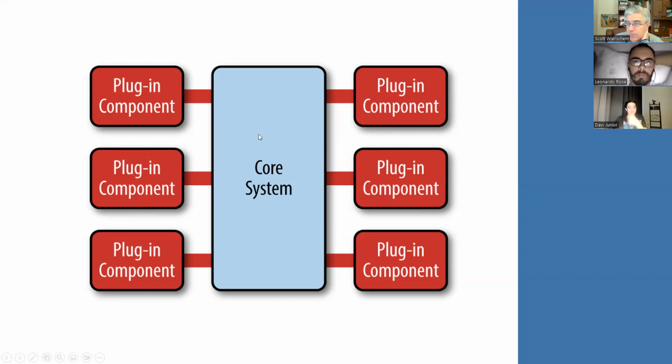The core system needs to know how to add in the plugin modules, and that's generally done through some sort of a registry. That'll contain information about the plugin, its API, and the connection protocol that it uses to get running.